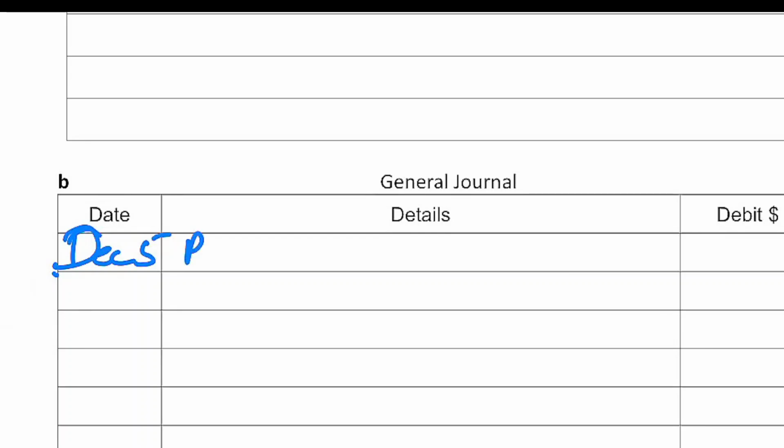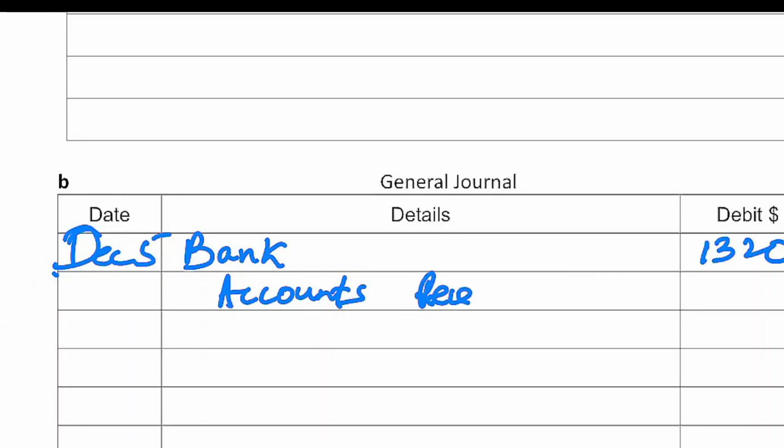So you debit the bank 1320, credit accounts receivable. Okay, now there is a problem here. What is the problem? Now have a look, everybody. Remember I told you a rule before. What is the rule? Anybody remembers? Okay, what is the rule I told you?